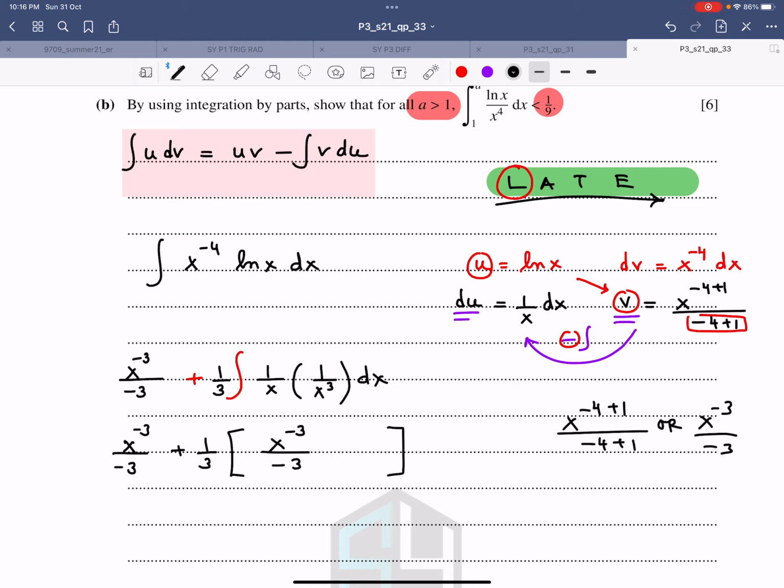I think that's about it. Therefore, what should I take common? I can take the x cube and the x raised to power of minus 3 common. I can take the minus 3 and the minus 3 common. Is there anything else? No, there is nothing else except that I forgot to write ln x in the beginning.